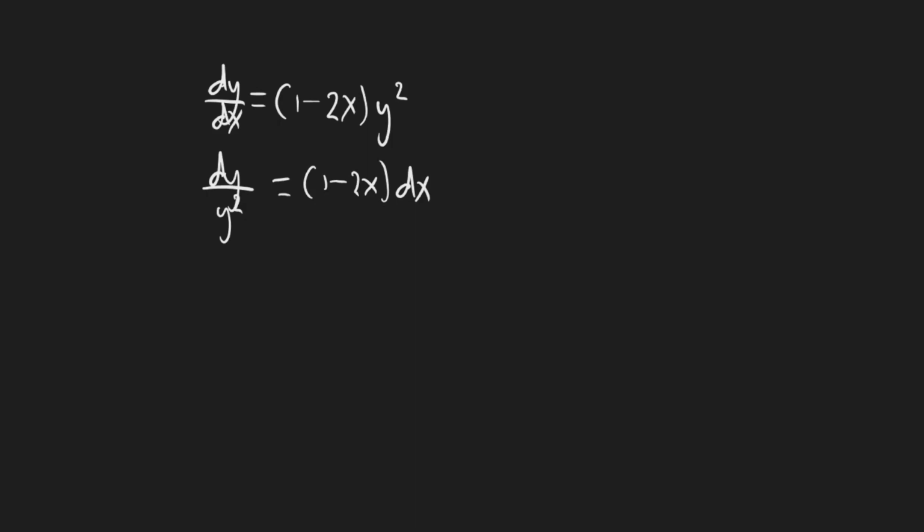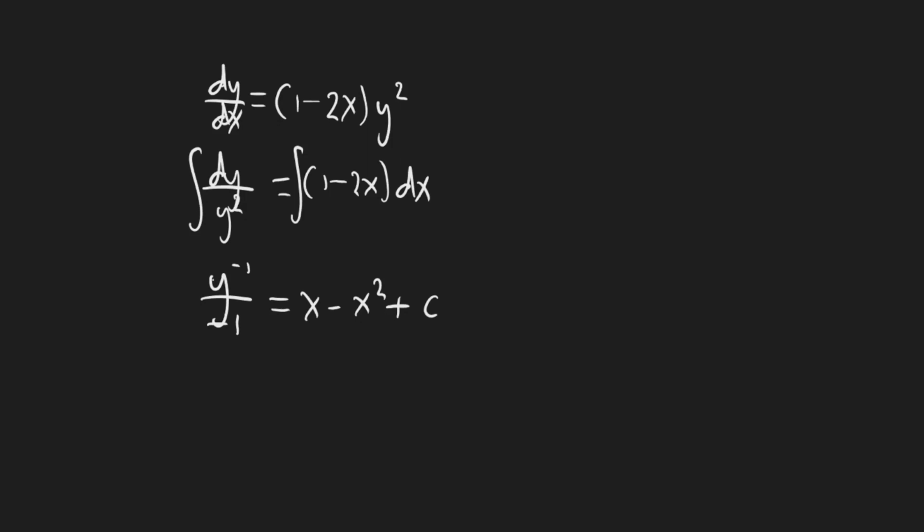Okay, so now we can just integrate both sides. Integral of 1 over y squared, well, that's the same thing as the integral of y to the negative 2. So this is going to be y to the negative 2 plus 1, negative 1, over negative 1, which equals x minus x squared plus c.